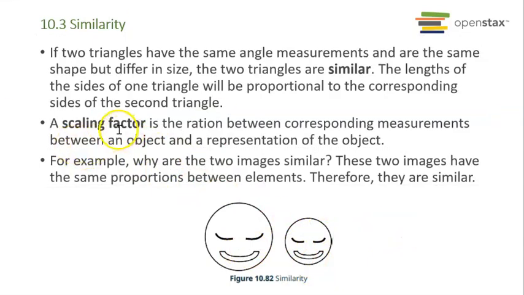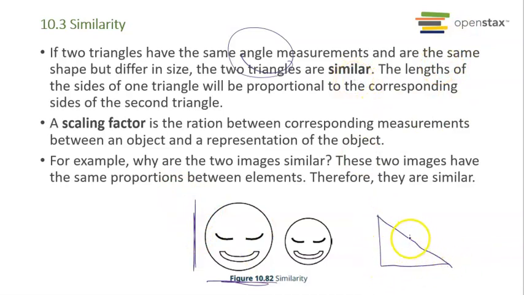So what that scaling factor is, it can vary, but it's getting both the length and the width at the same time. Now, the angle measurements are going to be the same, but the sides are going to be different. So something maybe like this, right?